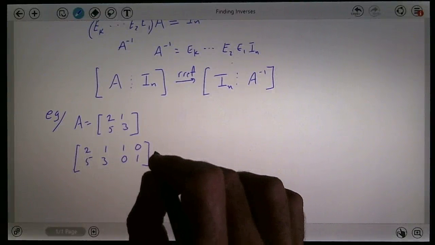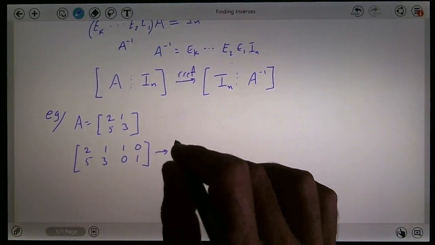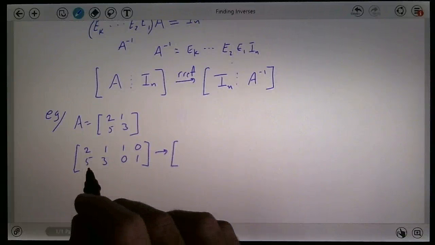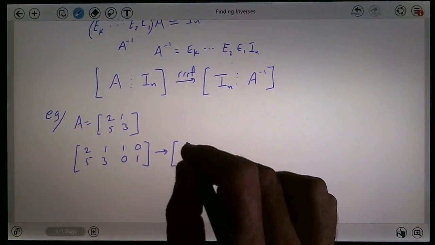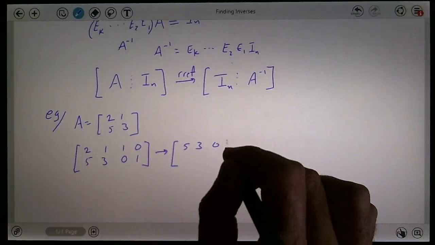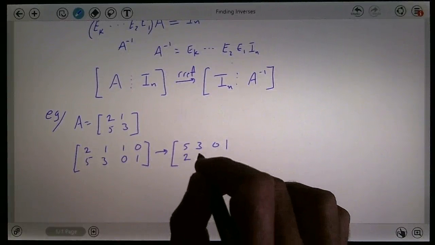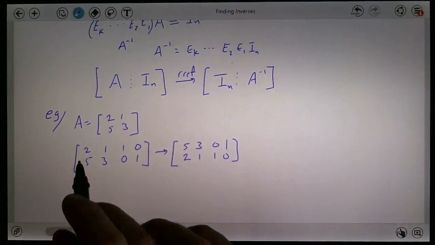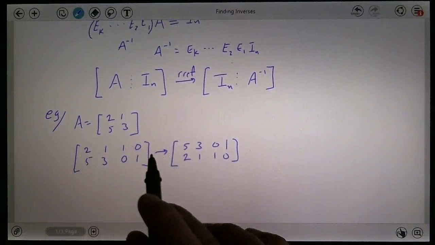So then I'm going to do some row operations. There are a lot of different ways you could do it, but I'm going to swap the rows: 5, 3, 0, 1, 2, 1, 1, 0. The reason I'm doing this is because I didn't want to introduce fractions.